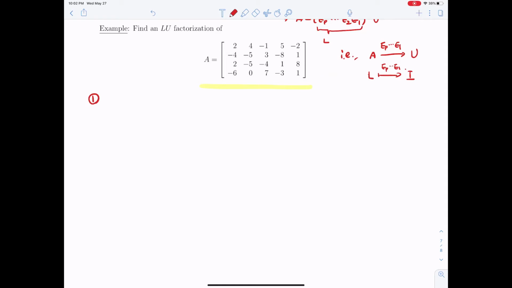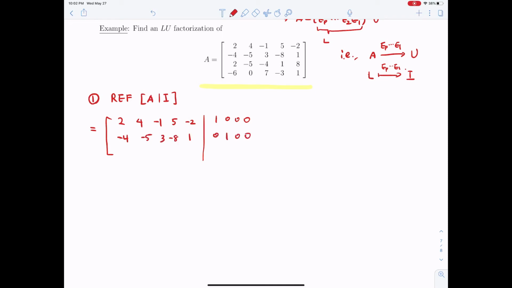First of all, to find U, we have to take the REF of the augmented matrix A and I. So the augmented matrix is given by 2, 4, -1, 5, -2, 1, 0, 0, 0, -4, -5, 3, -8, 1, 0, 1, 0, 0, and 2, -5, -4, 1, 8, 0, 0, 1, 0, -6, 0, 7, -3, 1, 0, 0, 0, 1.